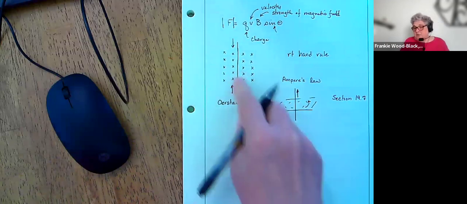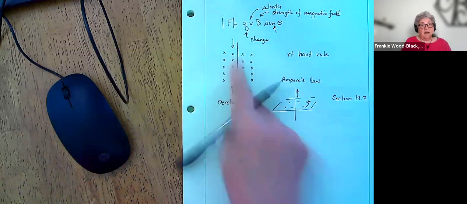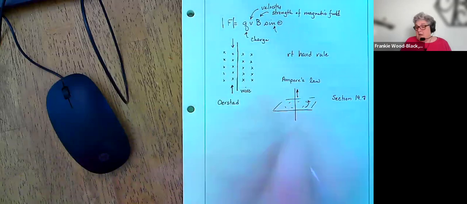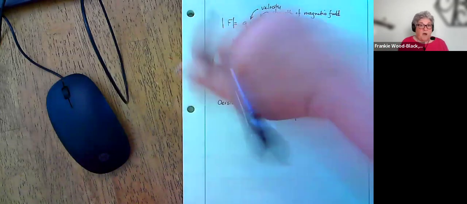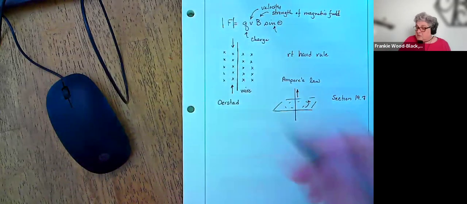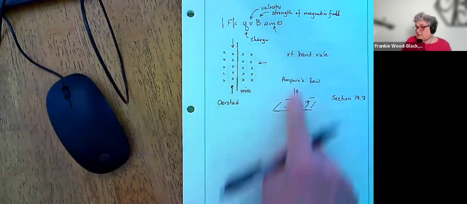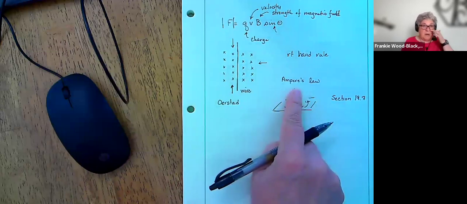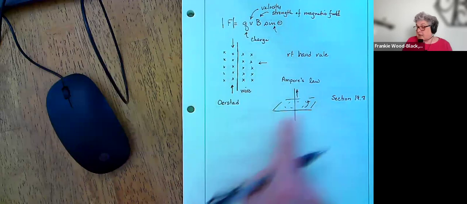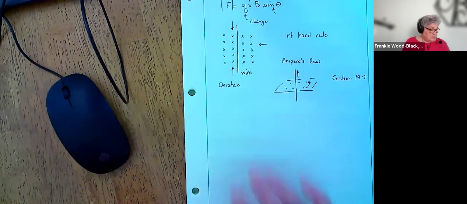He showed that if I do this, my wire bends one way, and if I do it in this direction, my wire bends the other way. This demonstrates our right-hand rule as well as our wire going through this, and Ampere put together that observation.